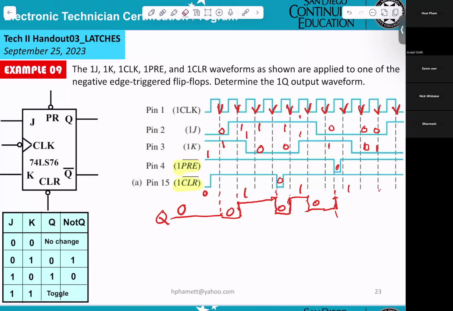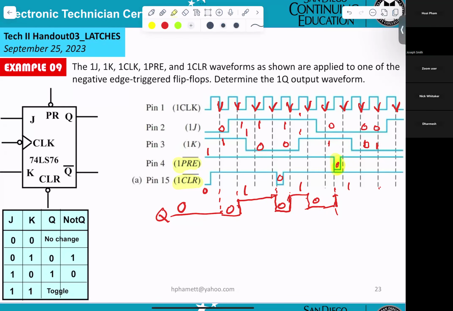Preset is zero, so the output should be one, all the way up to the dashed line, because the dashed line is after the pulse.